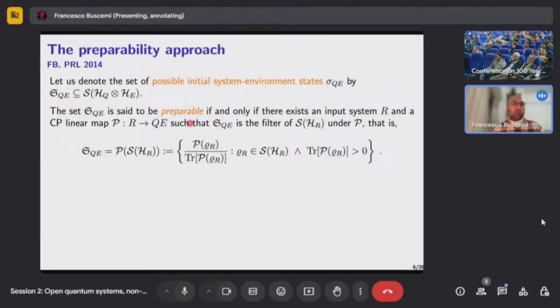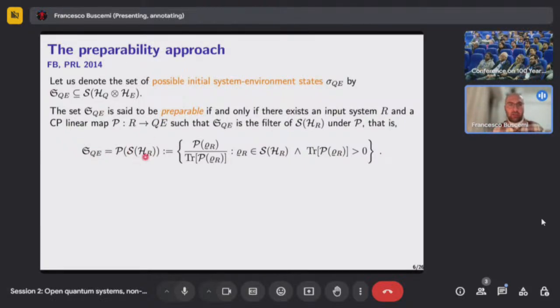And the notion of preparability seems to be quite natural, no? Because how would you deal with a situation that is not preparable in the laboratory? If that is not preparable, then you might even argue that it doesn't make sense to think about such a situation.